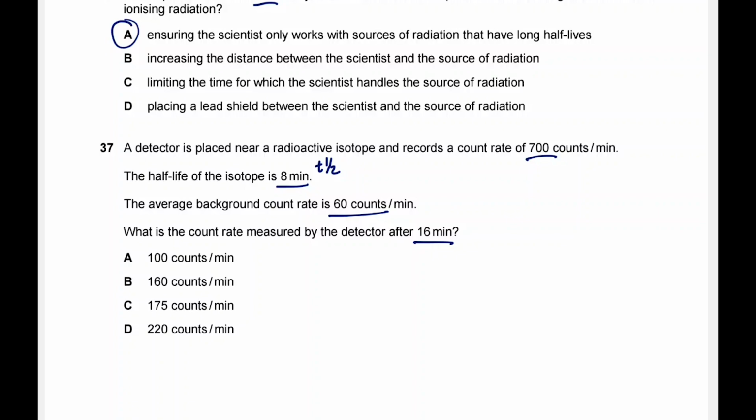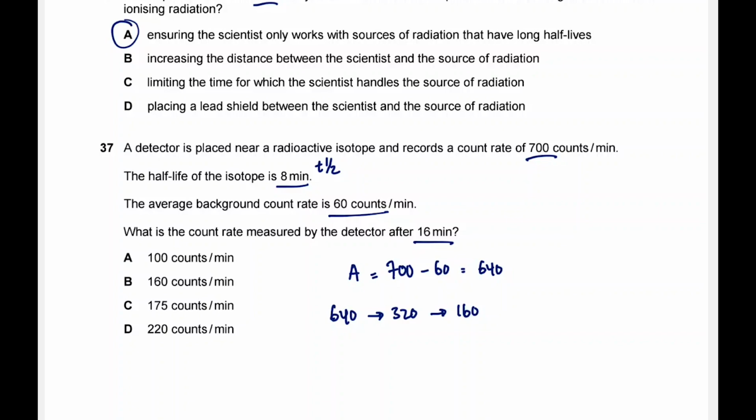Okay, so the initial count is 700, but with a background count rate of 60, so the initial activity is basically only 700 minus 60, so 640. After 16 minutes, it means after 2 half-lives, because the half-life is 8 minutes. So the 640 would have been reduced to 320 and then 160.